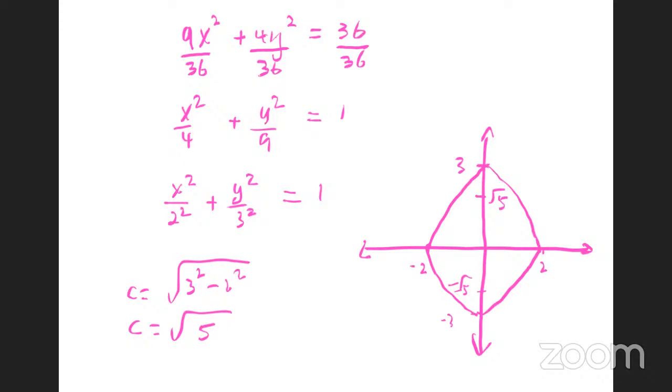What would happen now if the center is not 0, 0? Same shape, but we have to be able to identify the form, right? When the center is not 0, 0, the equation looks something like this.